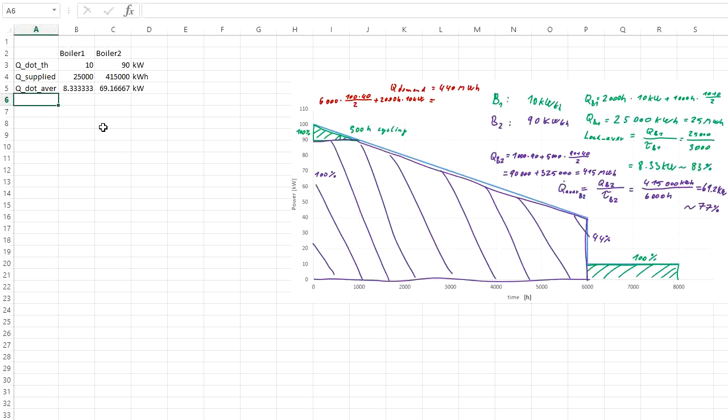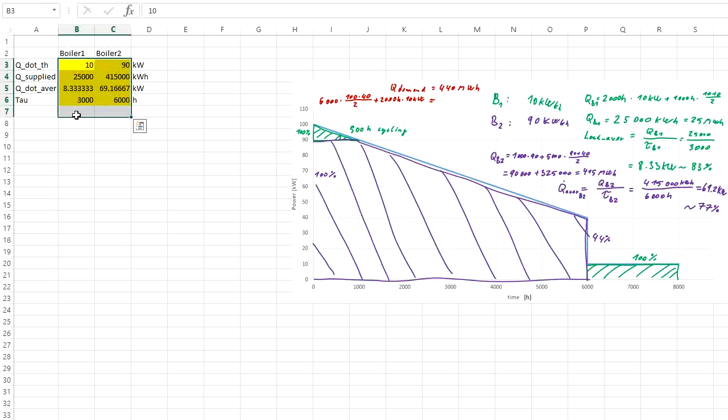and the period of the operation for boiler 1 was 3000 hours, and for the second boiler, or boiler 2, it was 6000 hours.